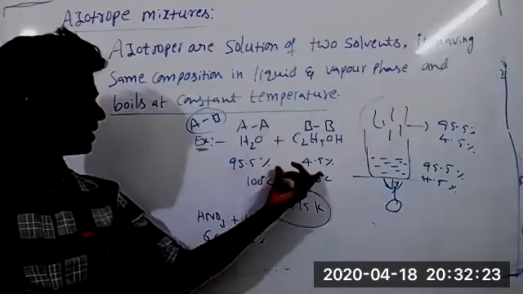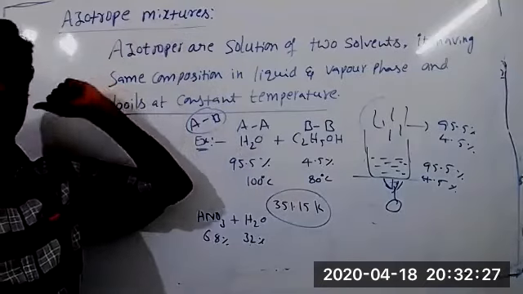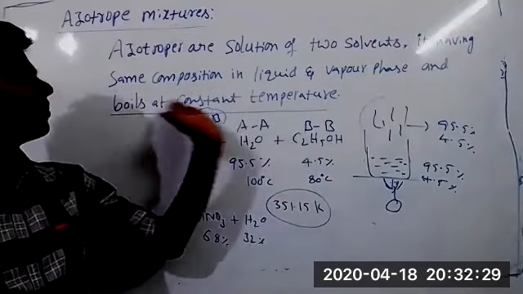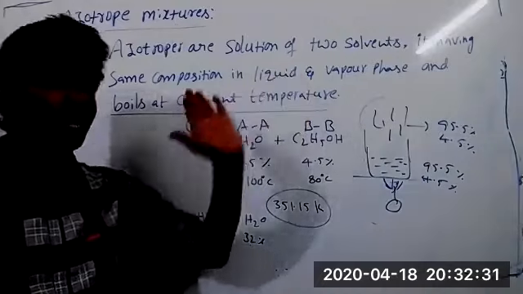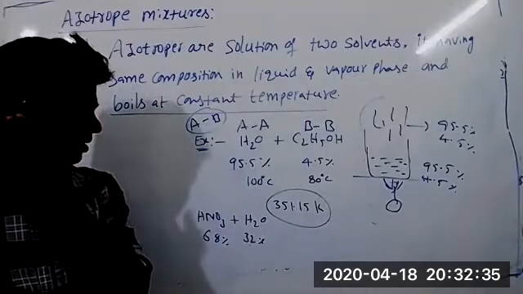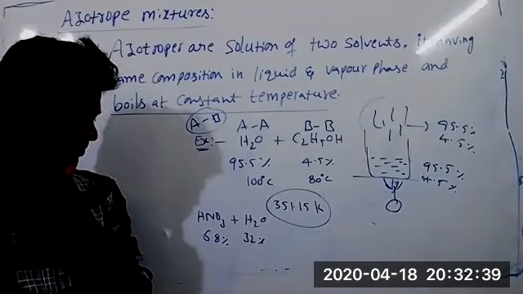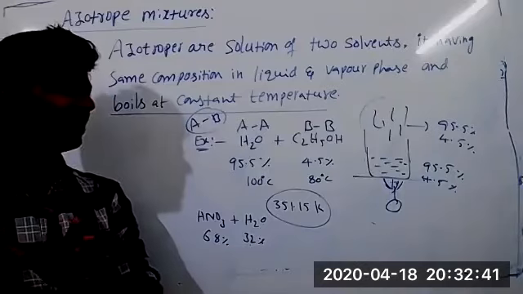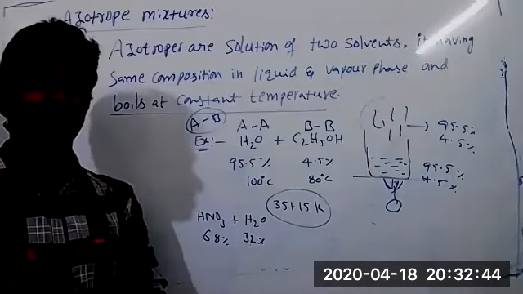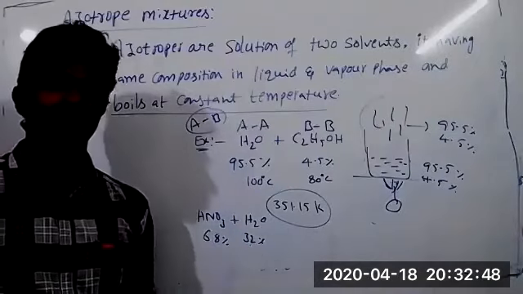But at this composition, this becomes an azeotrope. They maintain the same boiling point and the same composition in liquid phase and vapor phase. If the compositions are different, the temperature will be different, and we can separate both compounds.